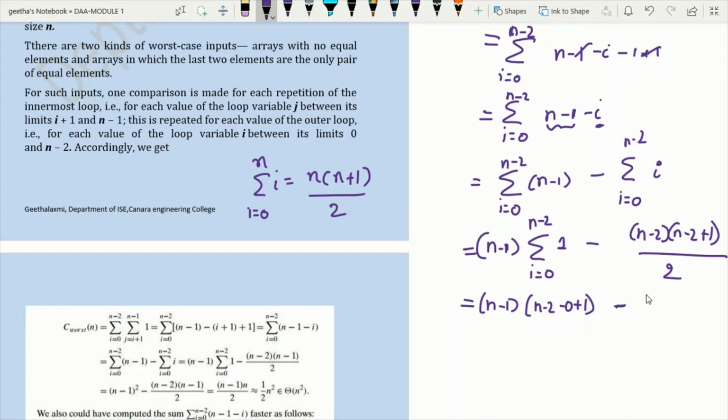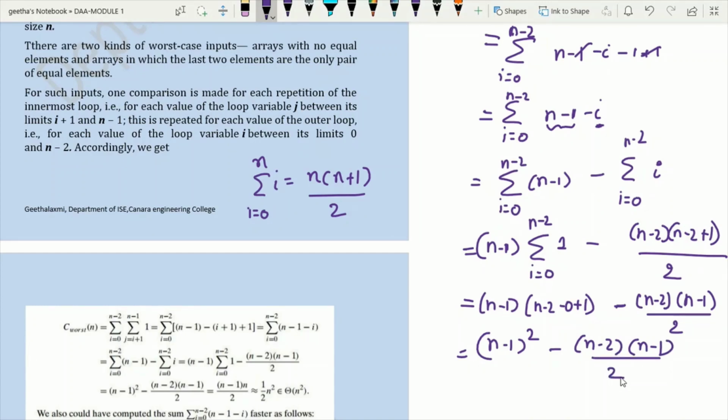So minus n minus 2 times n minus 1 divided by 2, and that first part is also n minus 1. So I can write n minus 1 whole square minus n minus 2 times n minus 1 divided by 2.